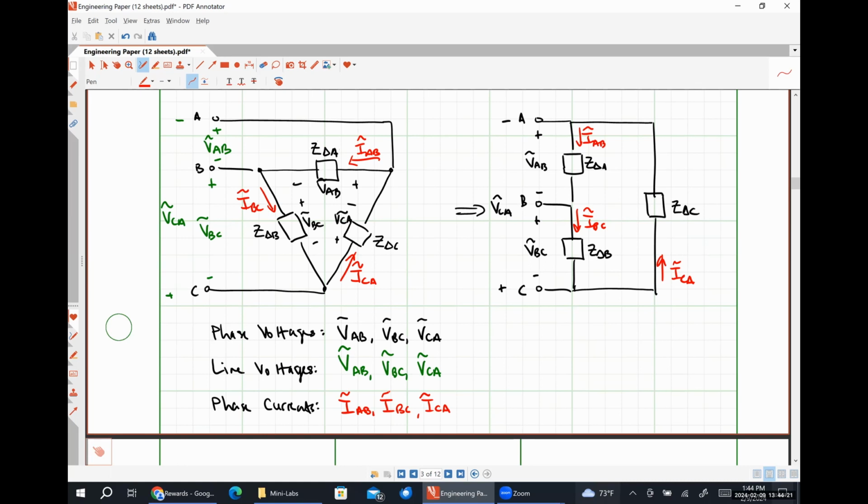So realistically, after we've figured out how to analyze all of the different types of systems, that's when I'm going to start being a very harsh about you guys not understanding the differences between phase voltages and line voltages, phase currents and line currents.